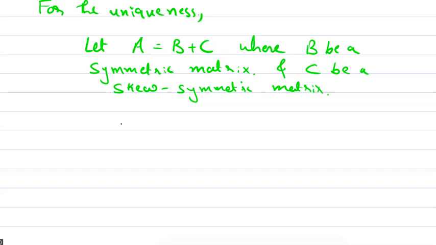So how can I get it? We only know about the transpose, so we will perform the transpose operation. What will A transpose be? That is B plus C transpose, which can be seen as B transpose plus C transpose from the definition of the transpose.